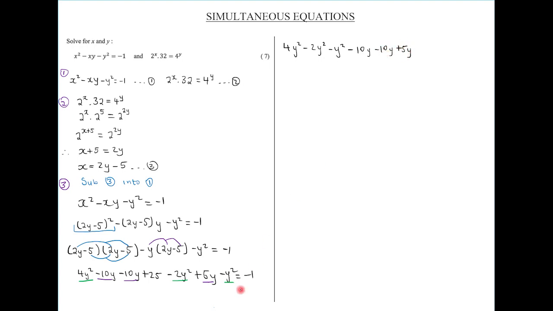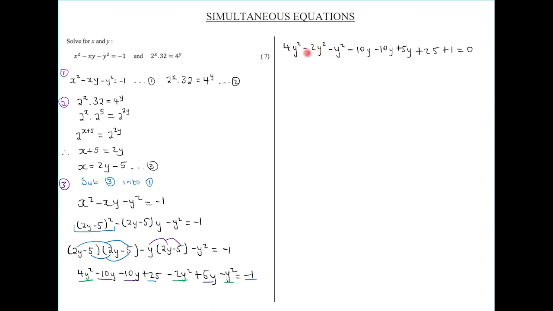And then lastly, I have my constants. Now my constants, it is 25 and this minus 1, but when I move it across, it's going to be positive 1, right? So I have plus 25, and I take the minus 1 over, it becomes plus 1, and I equate this to 0. So when I'm simplifying this, I'll have 4y squared minus 2y squared minus y squared.